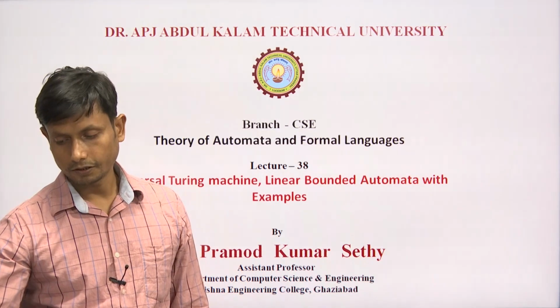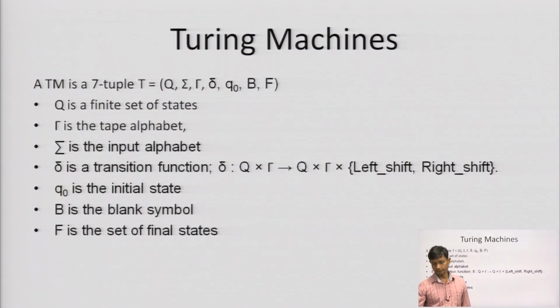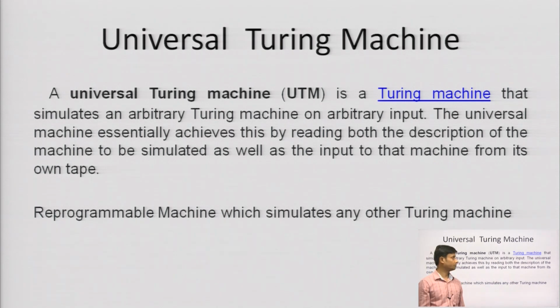Now we come to the universal Turing machine. We all know Turing machines have 7 tuples. So, what is a universal Turing machine? It is a programmable machine which simulates other Turing machines. A universal Turing machine is a Turing machine that simulates an arbitrary Turing machine on arbitrary input.